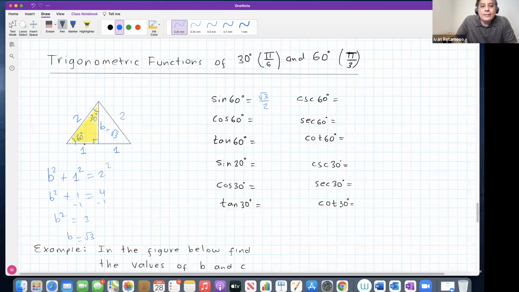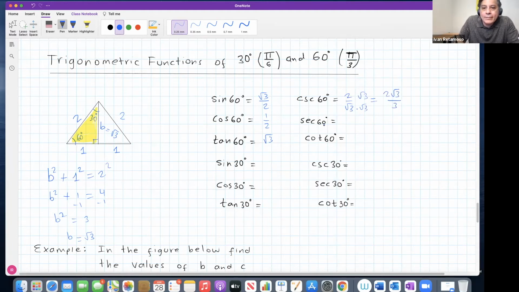Cosine of 60 degrees, 1 over 2, adjacent over hypotenuse. Tangent of 60 degrees, opposite square root of 3 over adjacent 1, square root of 3, right? Now, flipping these, you can get 2 over square root of 3, but rationalizing this, you get 2 square root of 3 over 3, right?